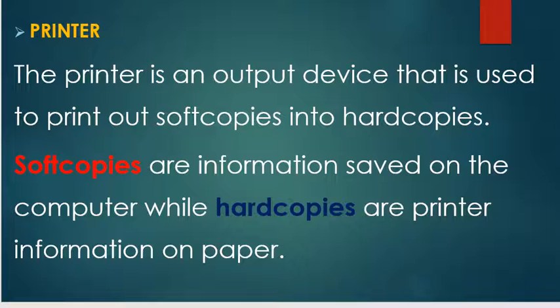Okay, so we define a soft copy as information that's being saved on the computer. Then a hard copy is a printed information on a paper. Let's have a look at how a printer looks like. Okay, look at the image of a printer.